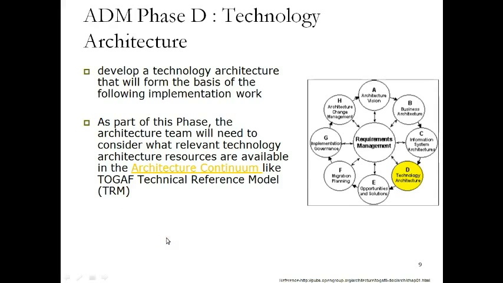As part of this phase, the architecture team will need to consider what relevant technology architecture resources are available in the architectural continuum. We'll talk about this architectural continuum later again. We need to use those, consume them, or if there is a gap, then we have to produce them and put them back into the bucket that we talked about last session.